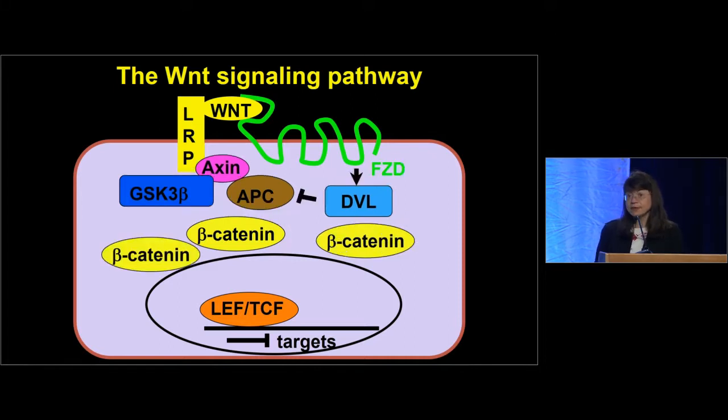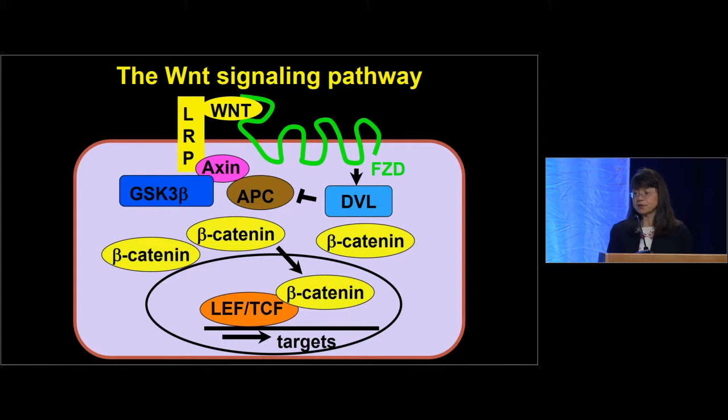In the presence of a Wnt signal, the beta-catenin accumulates in the cytoplasm and moves into the nucleus, where it forms complexes with transcription factors of the LEF/TCF family. These activate transcription. And later on in my talk, I'm going to discuss how these complexes interact with other transcription factors in order to achieve specificity in the outcome of Wnt signaling.